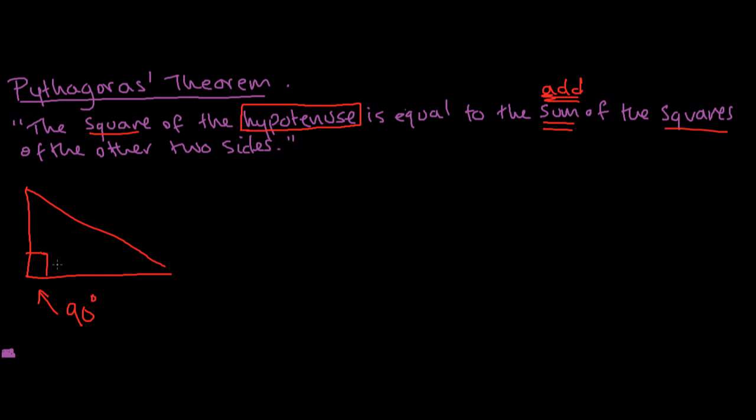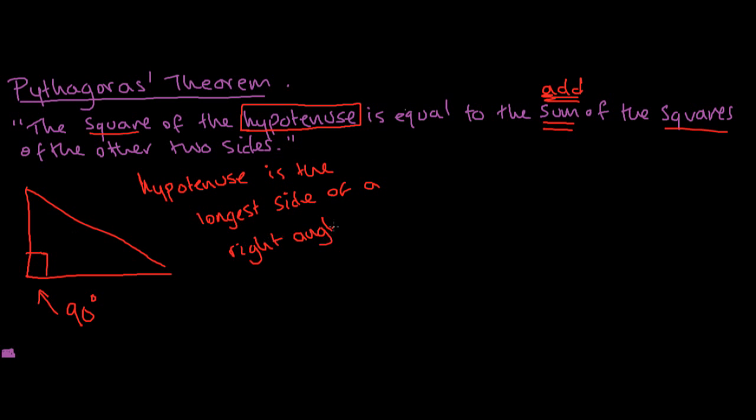And what the hypotenuse is, the hypotenuse is the longest side of a right-angled triangle. Okay?